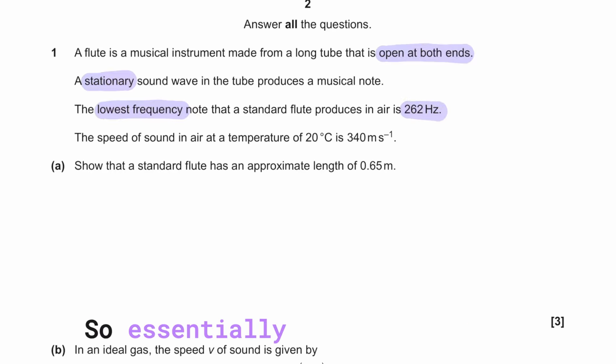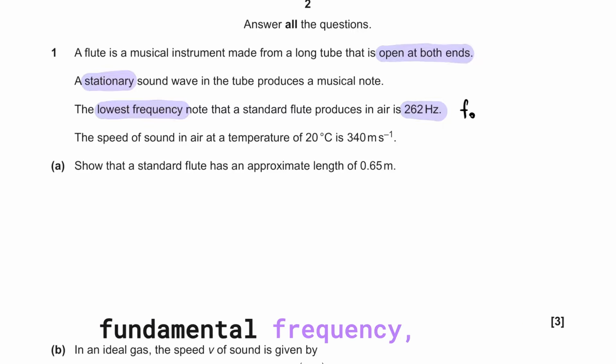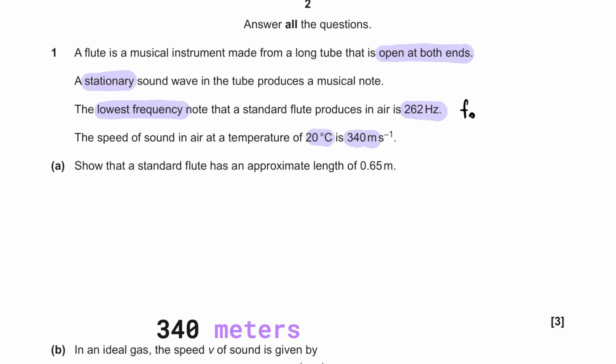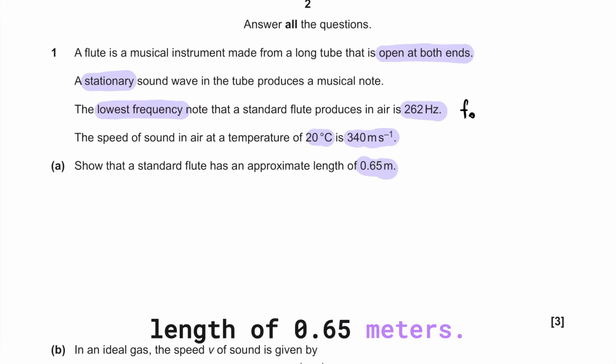So essentially, we are given the fundamental frequency f0. The speed of sound in air at a temperature of 20 degrees is 340 meters per second. Show that a standard flute has an approximate length of 0.65 meters.